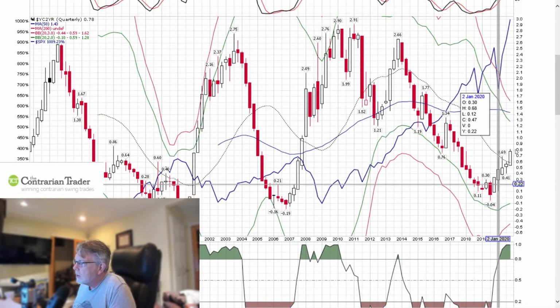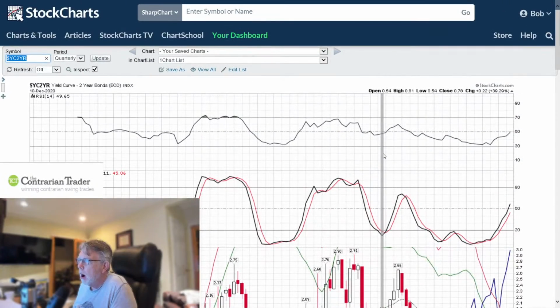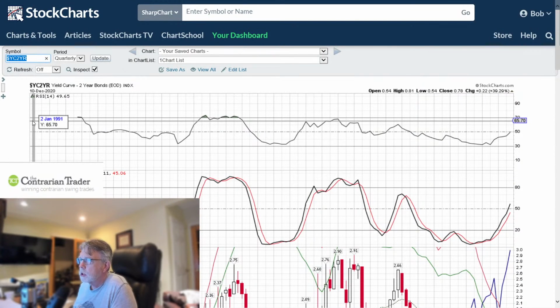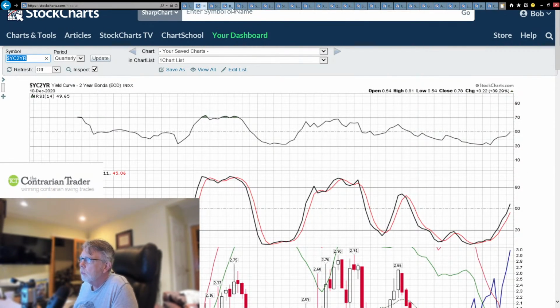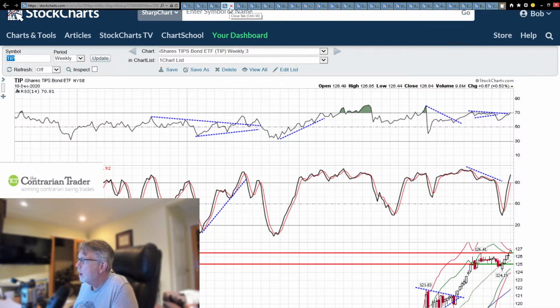All right, so watch for a potential breakout here on the steepening of the yield curve. This is two-year bonds versus 10s. TIPS, Treasury inflation protected securities.